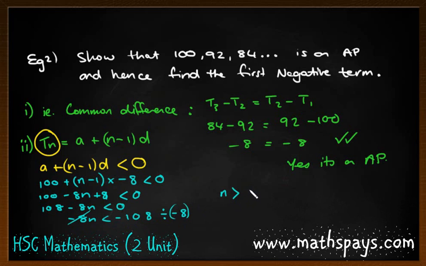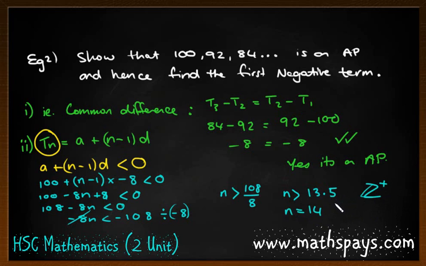So we end up having negative 108 over negative 8, which means basically 108 over 8, which gives me n is greater than, I think it was something like 13.5, which means my term has to be 14, because remember, I have to have a positive integer. I can't have a negative term, doesn't work that way. We have first term, second term, third term, counting numbers.